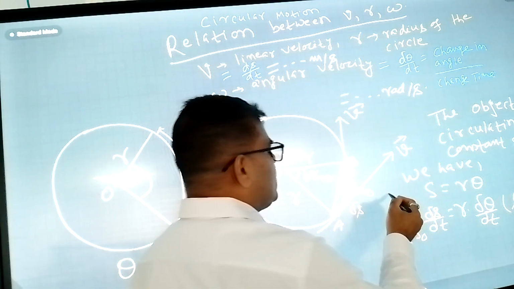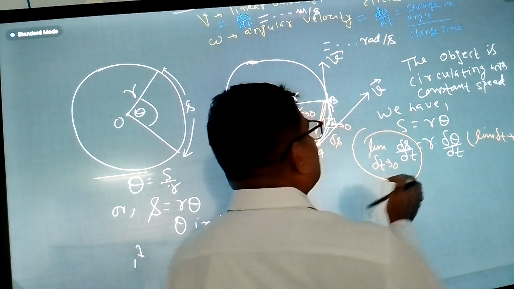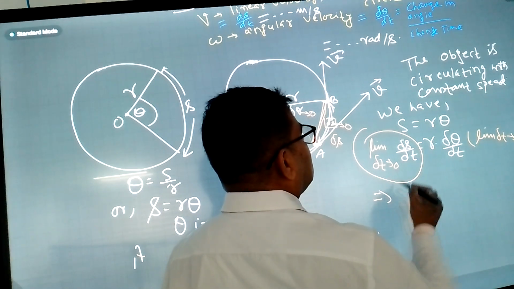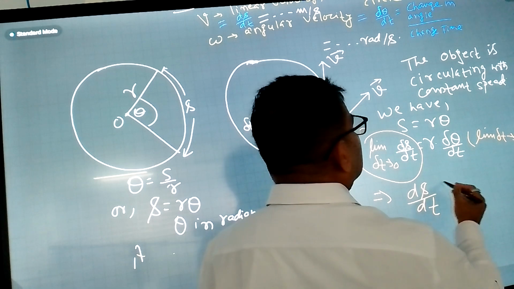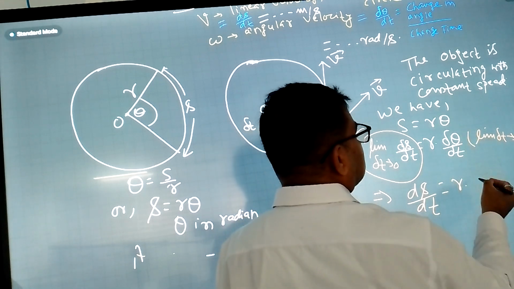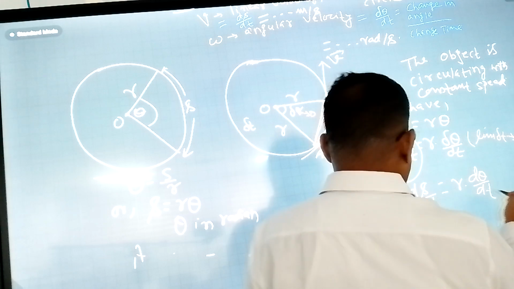So by the definition of calculus, we can write ds by dt equals R times d theta by dt.